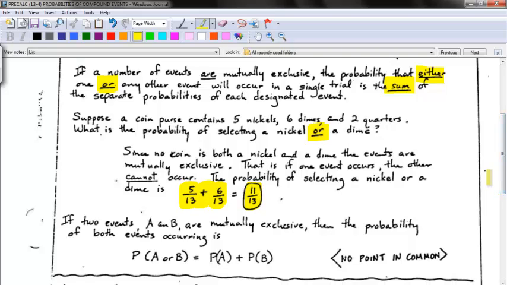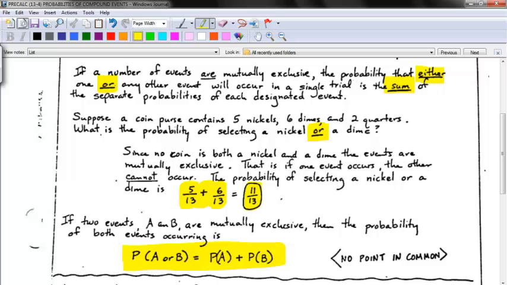Now, this is what it would look like if you were working in a statistics and probability book. If two events A and B are mutually exclusive, they write the probability of event A or event B equals the probability of A plus the probability of B. That's what the formula would look like in a statistics book.